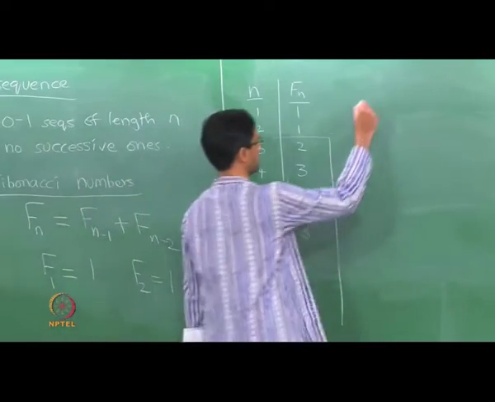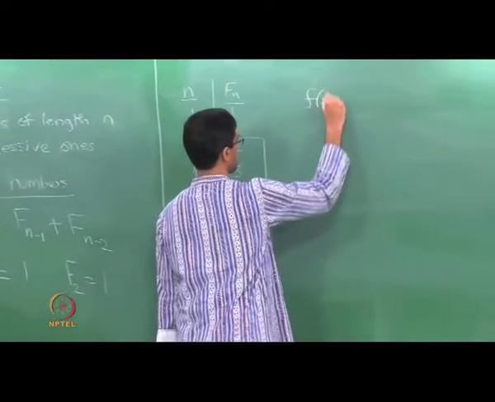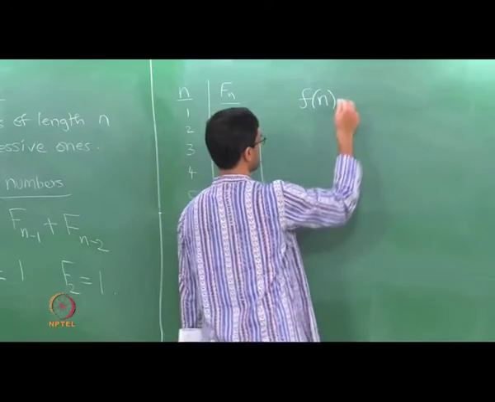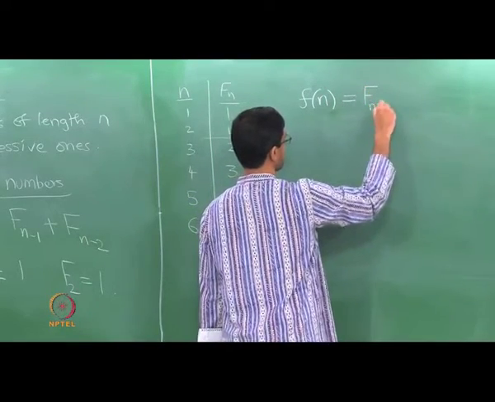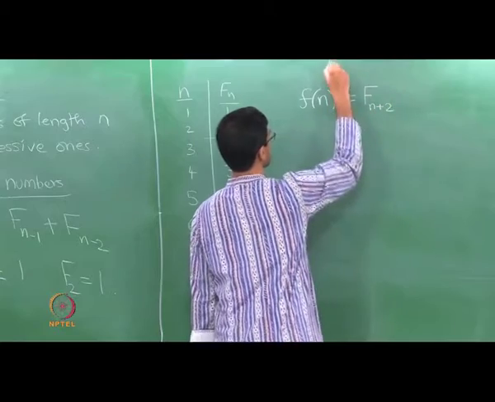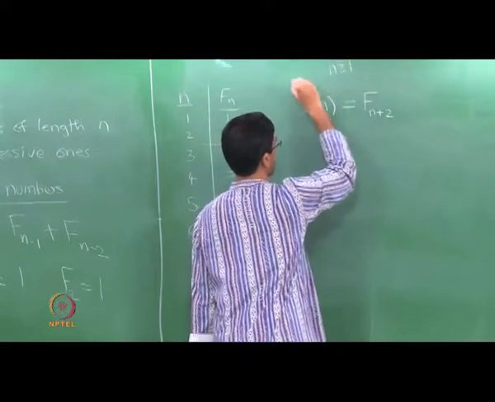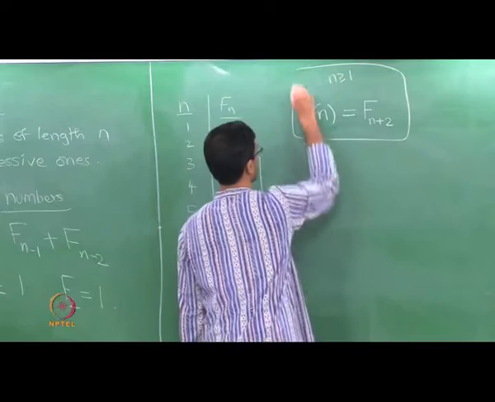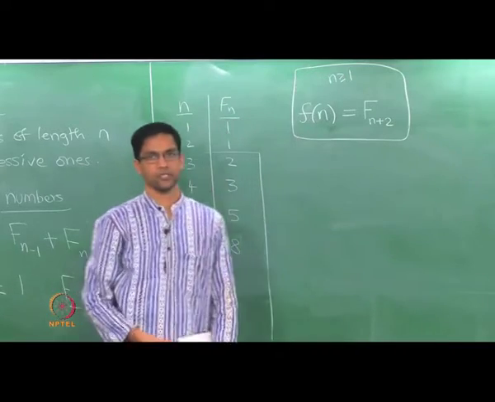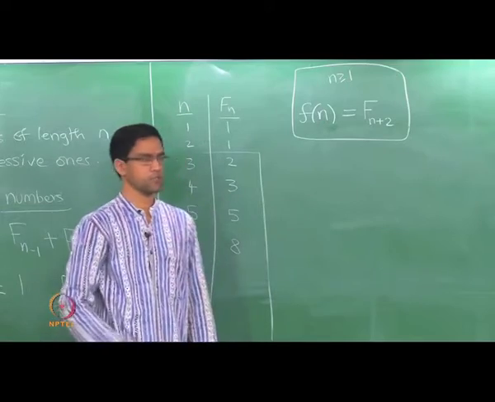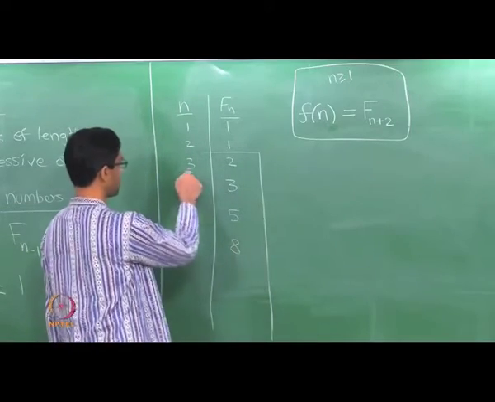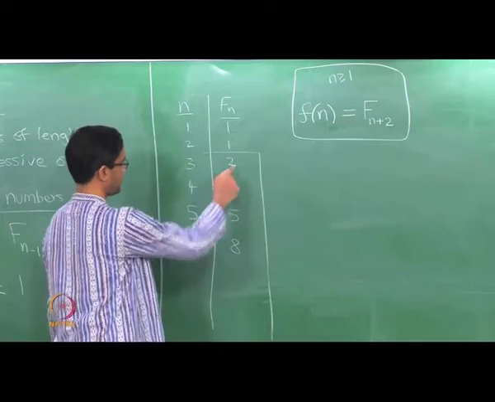Okay, so observe from this table it's clear that the number f of n that we are counting is just F of n plus 2, for all n at least 1. Okay, so the sequence that we've constructed is really just the Fibonacci numbers, but starting with the third Fibonacci number, which is the number 2.